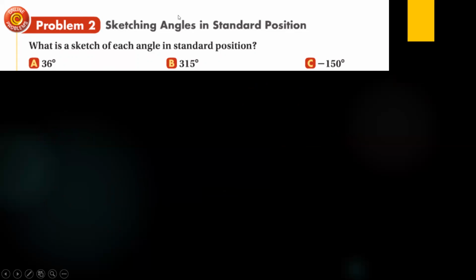Now let's start with problem number 2 to learn how to sketch angles in standard position. If you have angle 36, or 315, or negative 150, how do you sketch the angles?